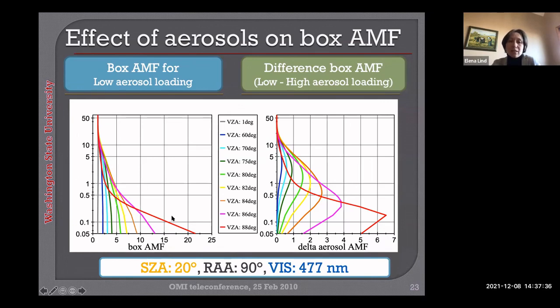Again, this is the sensitivity of the measurement to the profile. So what I will do, if I had that profile, I'll multiply the profile at each altitude by this value and then add them together, and that would be my measurement. So you can see that at 477 nanometers the sensitivity is almost 20 at the bottom.